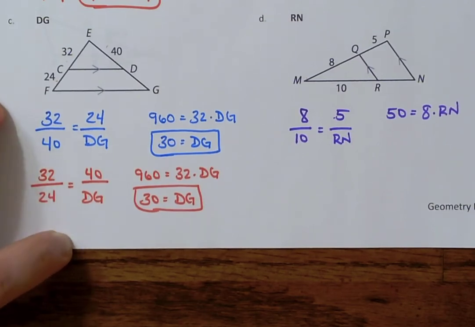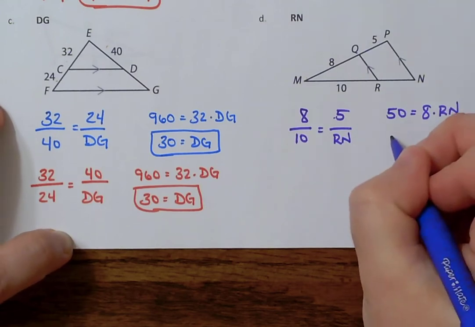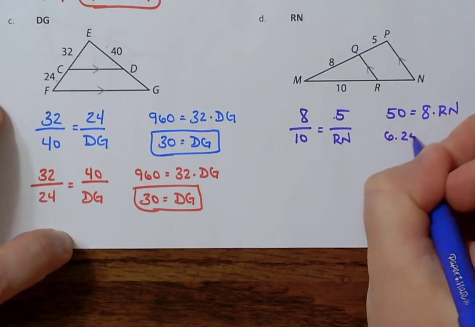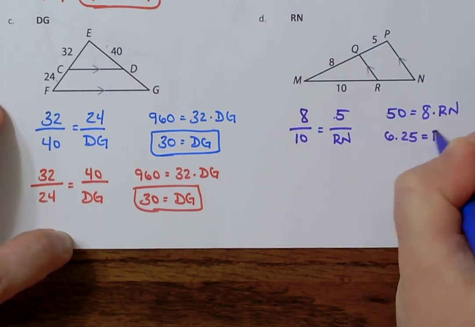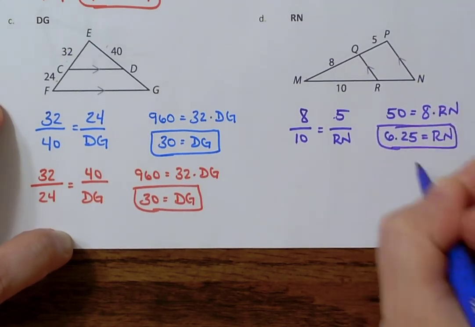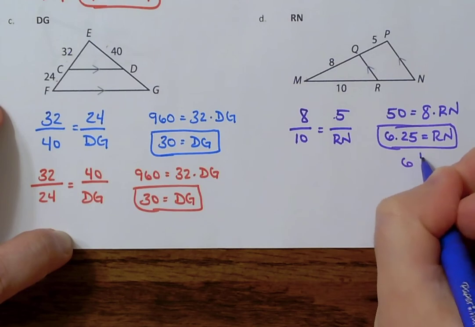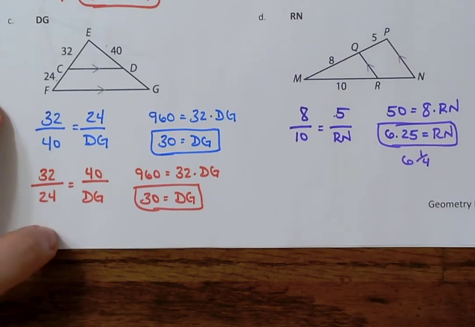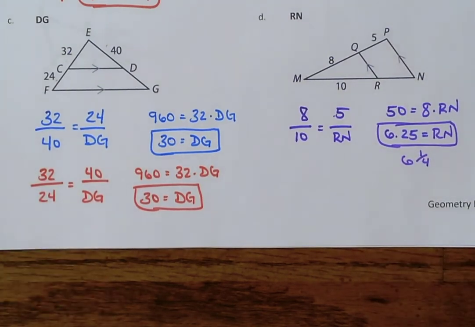So 50 divided by 8 gives us 6.25 equals RN, or 6 1/4. And that's our answer. And that is how you use the Triangle Proportionality Theorem to find lengths of segments.